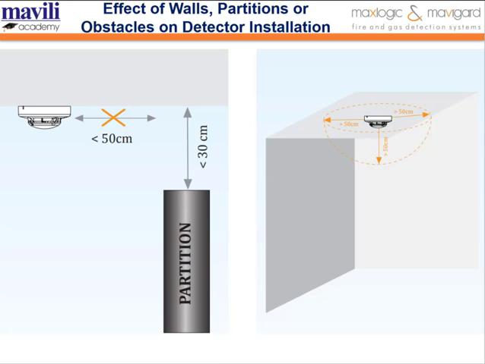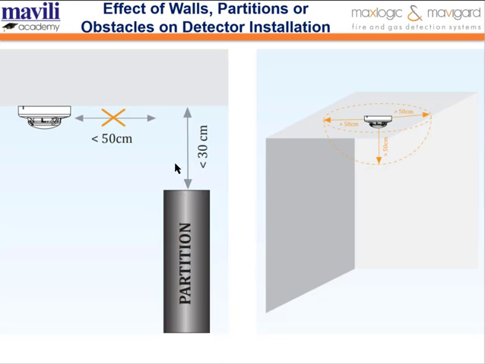However, sometimes a partition does not extend all the way to the ceiling. It may stop at a certain height. In these cases, the standard provides a clear guideline. You should look at the distance between the top of the partition and the ceiling.